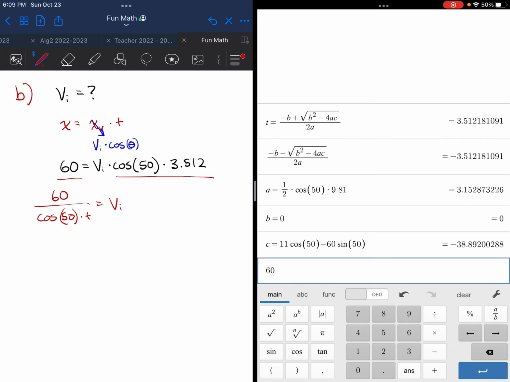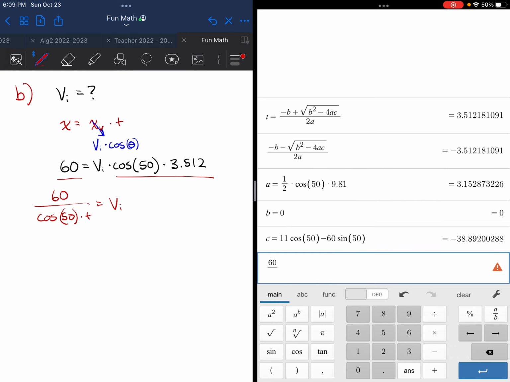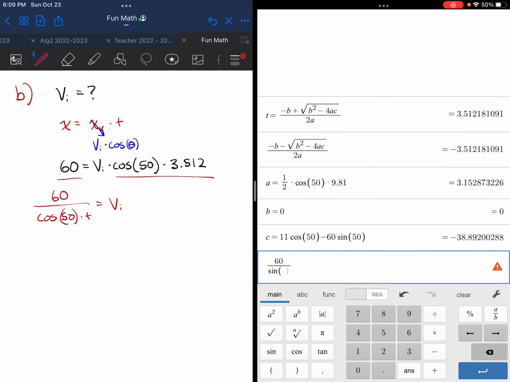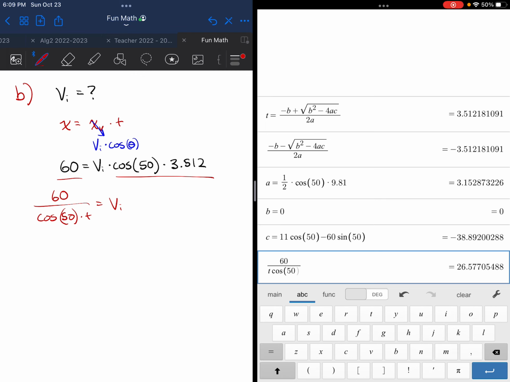Down here, I say 60 divided by cosine of 50 times t. All right, and we get 26.577.